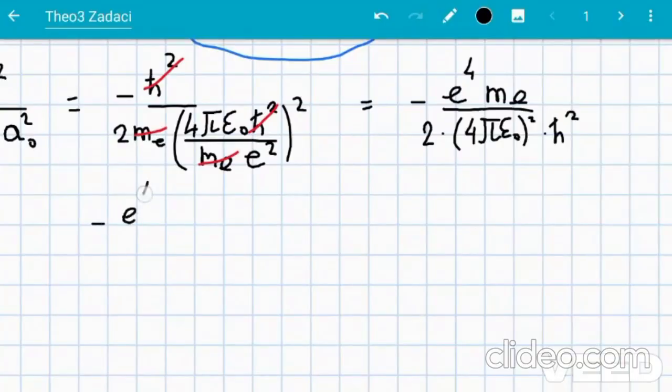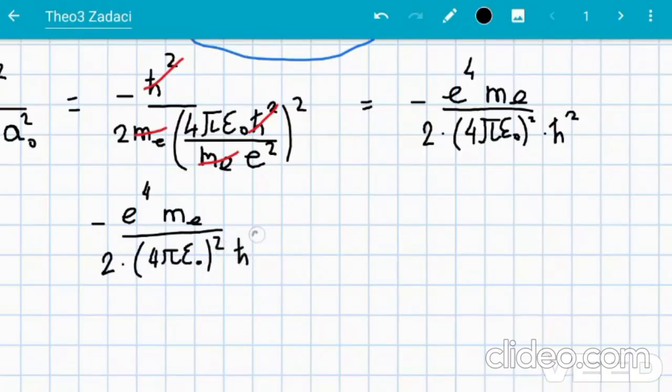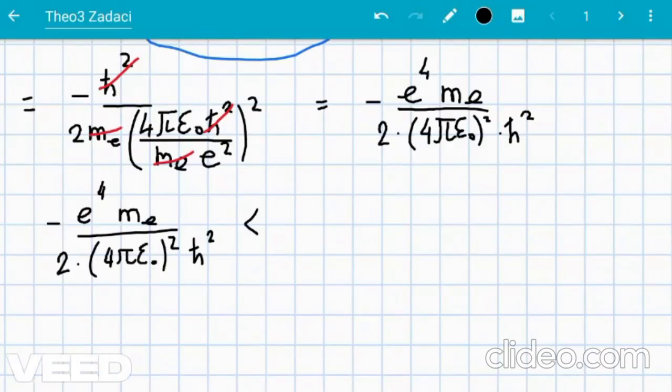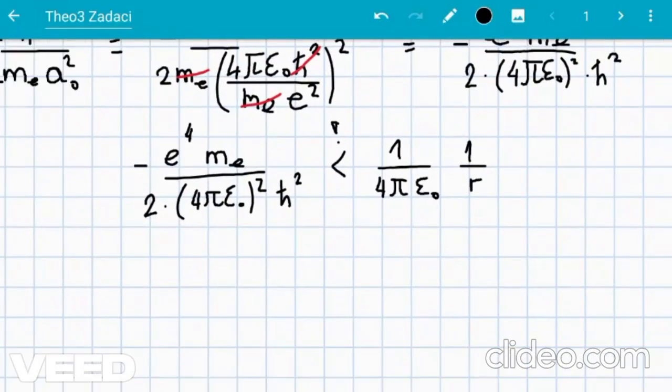minus e to the fourth m_e over 2 times 4 pi epsilon naught squared h bar squared has to be less than minus e squared over 4 pi epsilon naught r. Excuse me, it's supposed to be e squared over r.